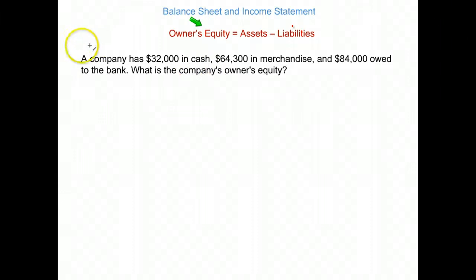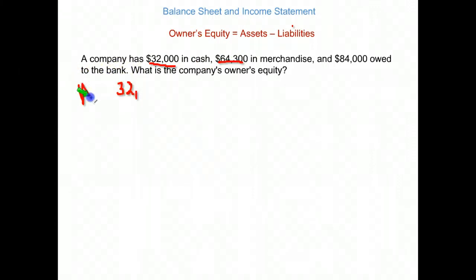Okay. So let's take a look at this question. A company has $32,000 in cash, $64,300 in merchandise, and $84,000 owed. What is the company's owner equity? Well, cash on hand is an asset as well as merchandise that you own. So our total assets, we need to total those first.